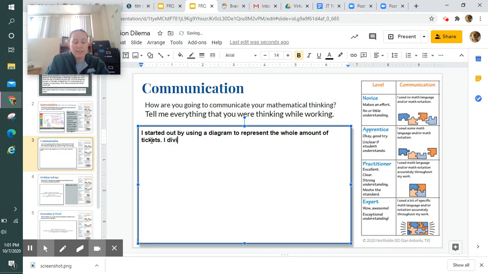I divided the diagram to represent each of the different days' fractions.